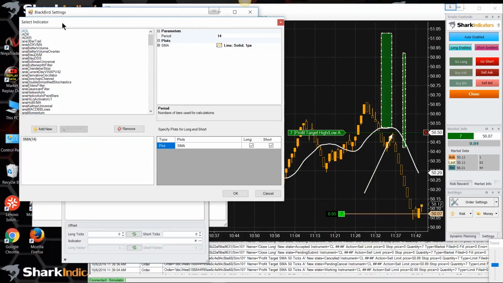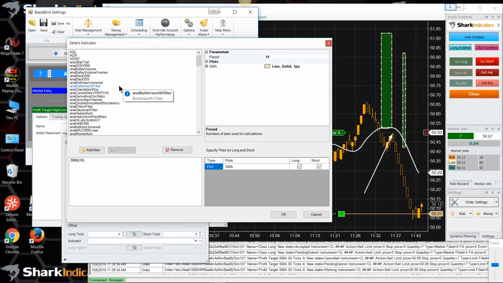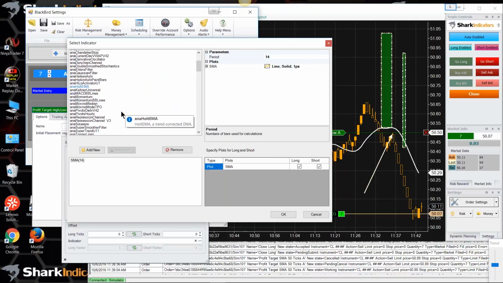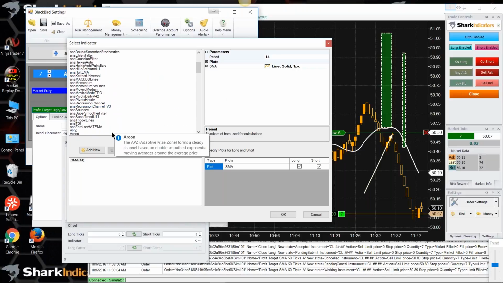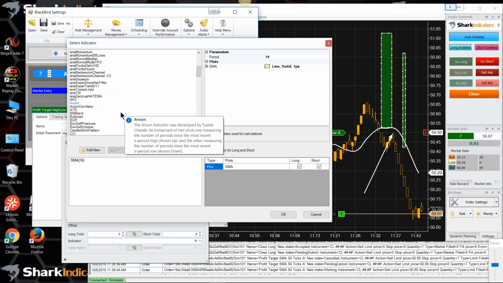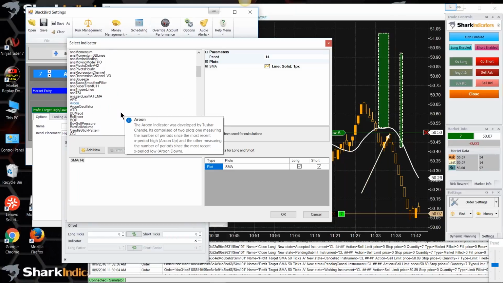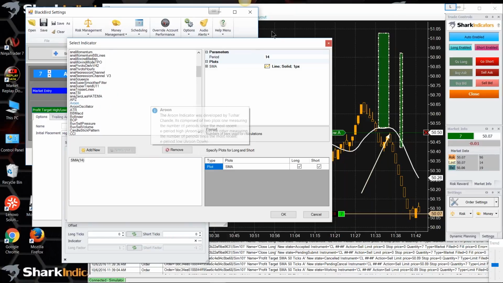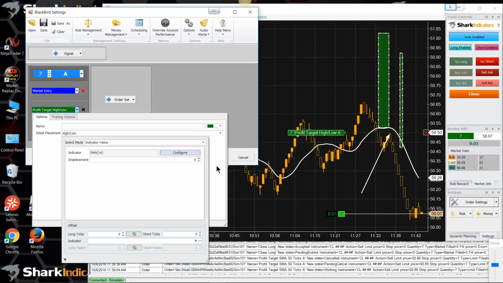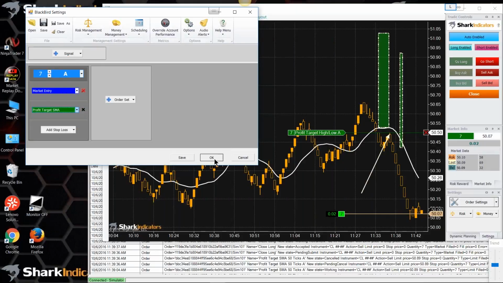You could select that indicator for you. I don't think I have any. Let's see. Yeah, as far as I know, I don't think I have anything installed here. So I don't really have any examples to show you. Other than, well, actually, let me do this.